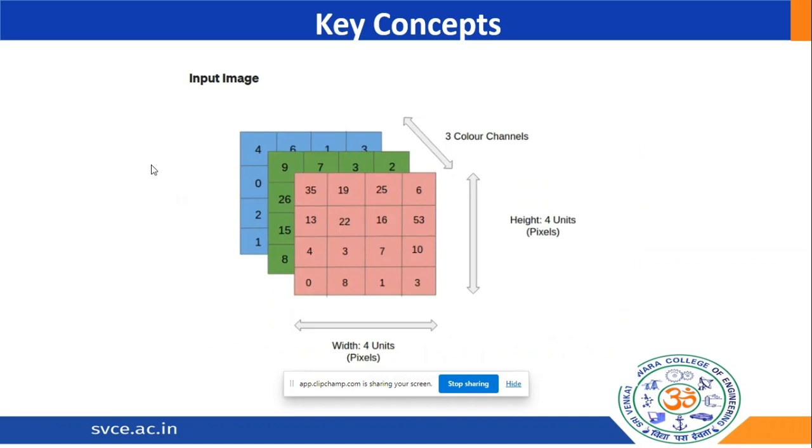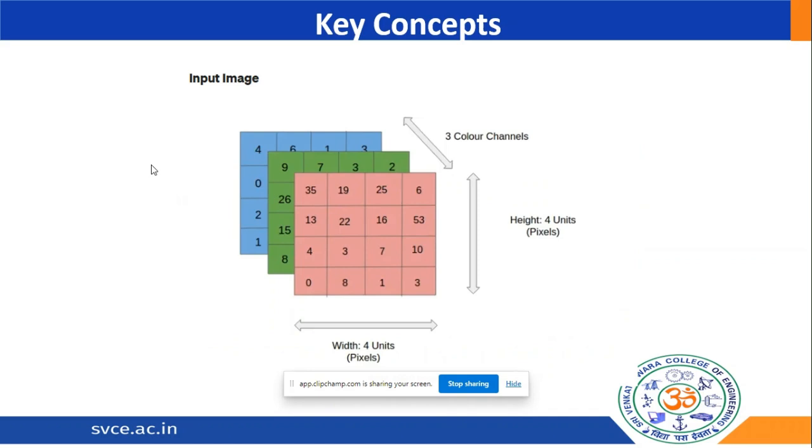In this figure, we have an RGB image that has been separated by its three color planes: red, green and blue. There are a number of such color spaces in which an image exists. It can be grayscale, HSV, CMYK, etc. Now you can imagine how computationally intensive things would get once the images reach dimensions, say 8K, that is 7680 cross 4320 pixels.